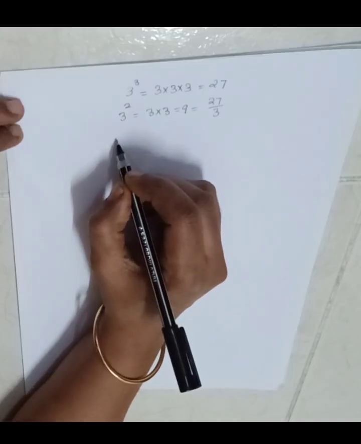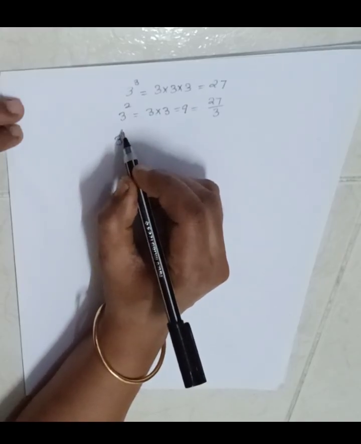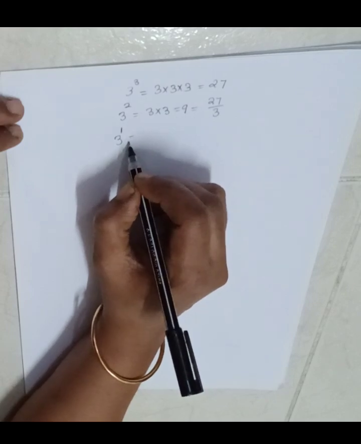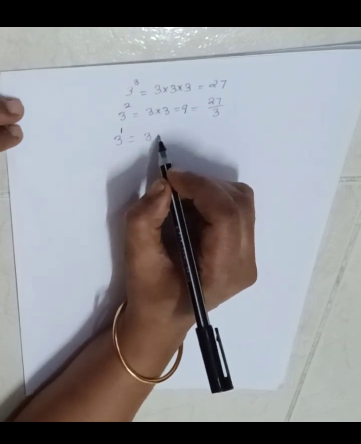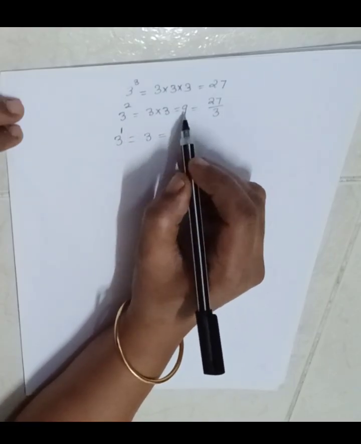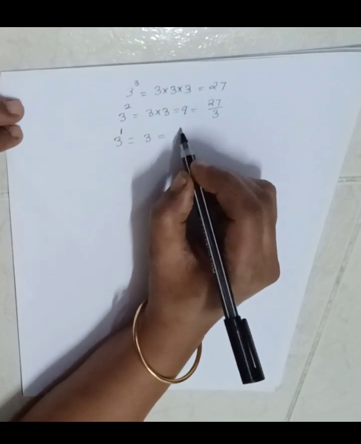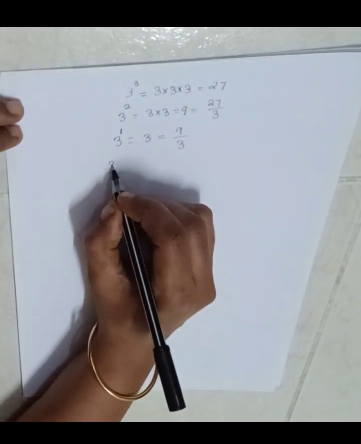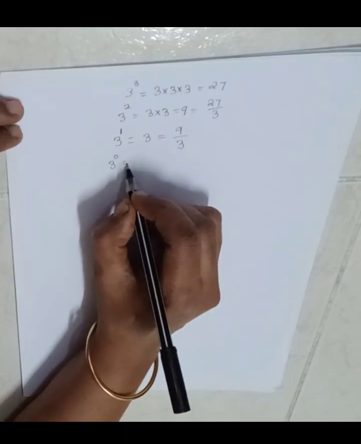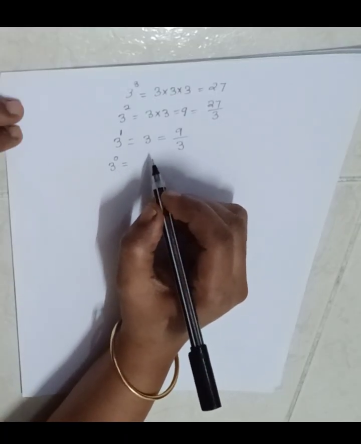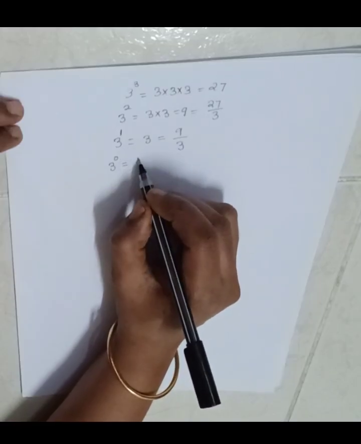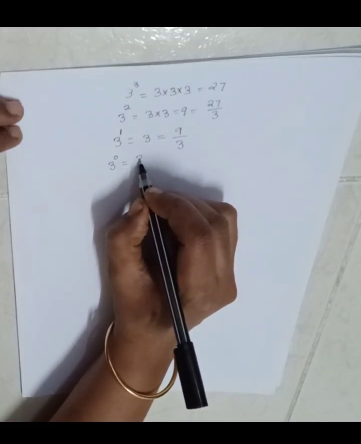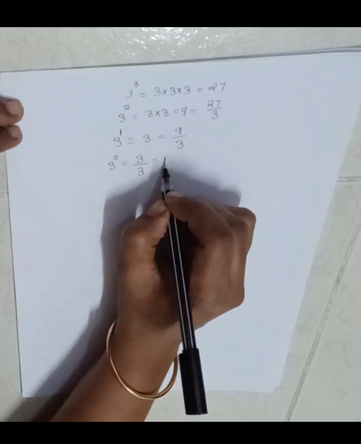Then 3 raised to 1 equals 3, which is 9 by 3. Then 3 raised to 0 is the previous value 3 divided by the base 3, that is equal to 1.